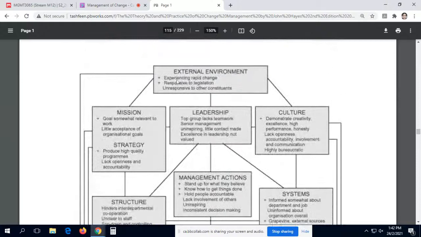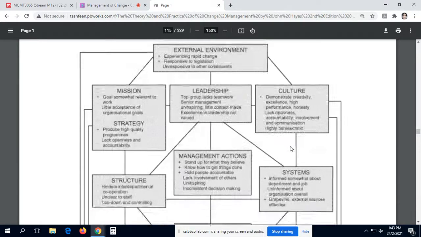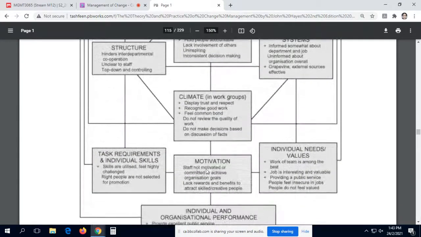But if you look closely, there are things written below them, for example, lack of openness, high bureaucracy under culture, and under motivation, staff not motivated or committed to achieving organization goals.